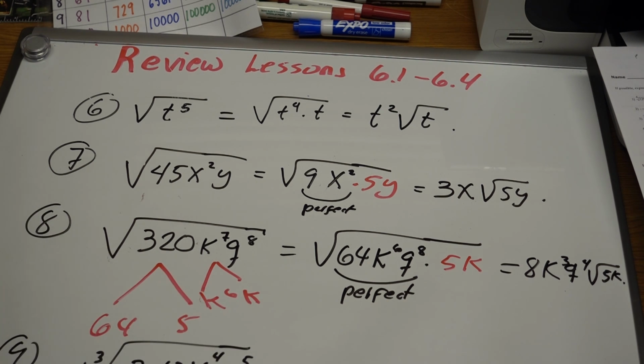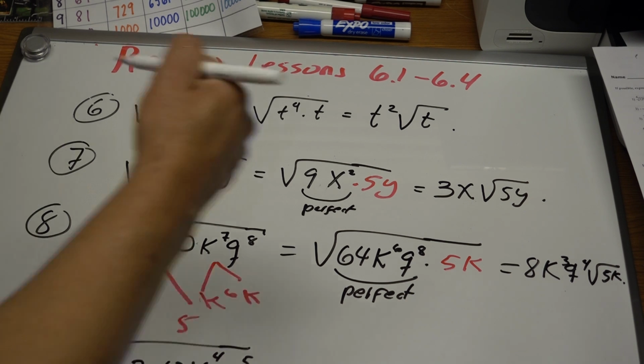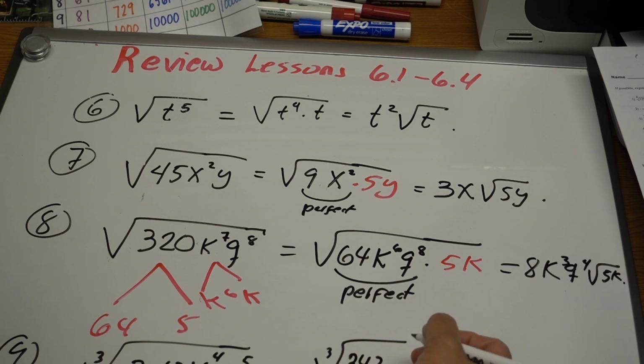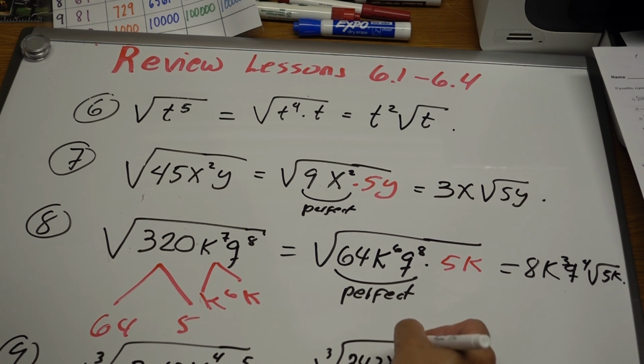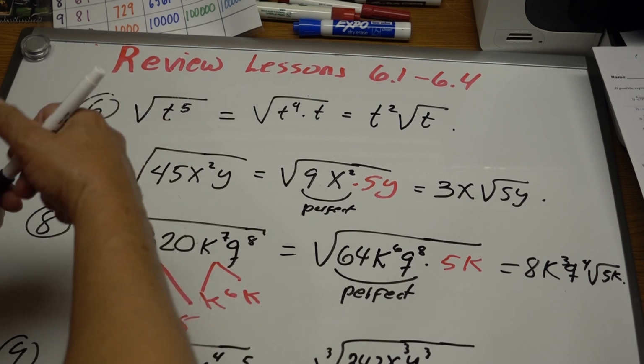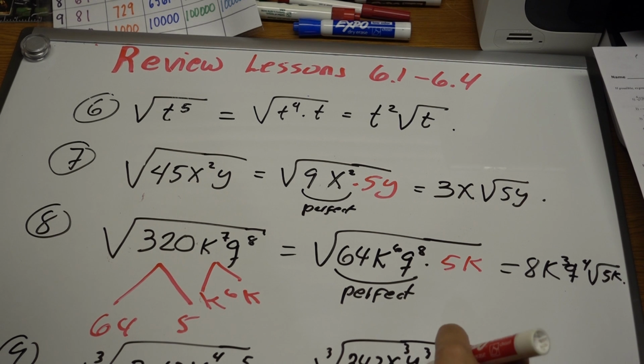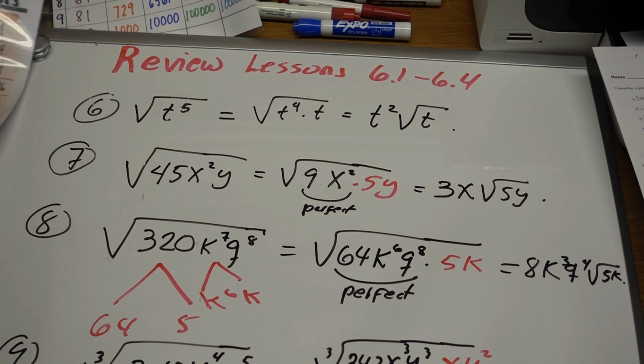So I'm going to rewrite this as the cube root of 343, x to the 3rd power, y to the 3rd power, times the rest of the factors, which is x times y squared. The answer then is, the cube root of 343 is 7.